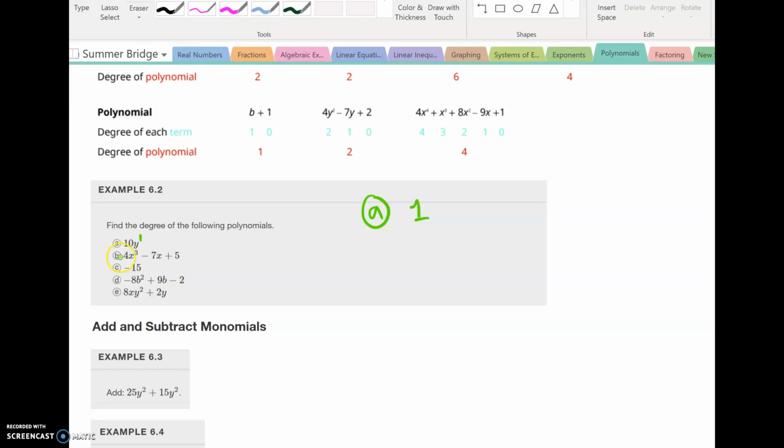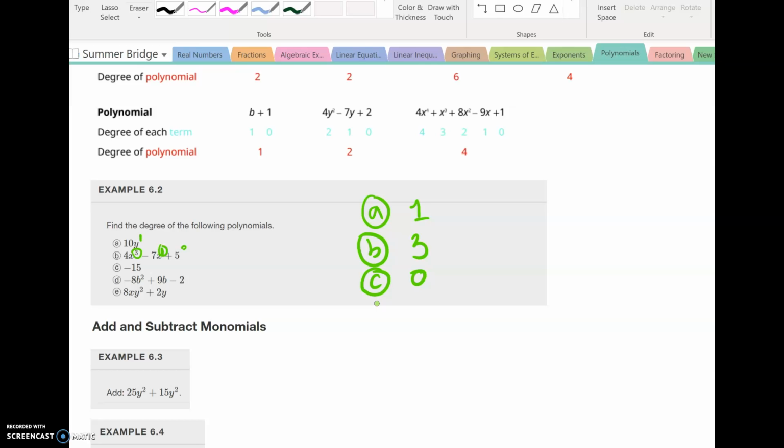Now, if we take a look at B, the degree of the first term is 3, the degree of the second term is going to be 1, and the degree of the third term is really 0, meaning to say, which one's larger, 3, 1, or 0? The answer is 3, so that would be degree 3. For C, it's a monomial, but it's a constant. Therefore, the degree is 0.